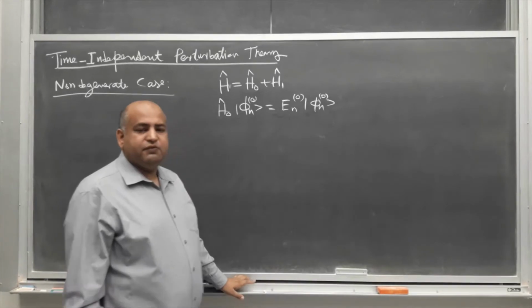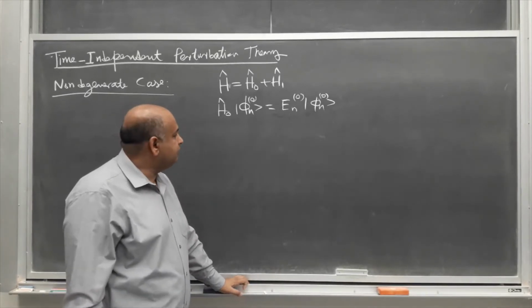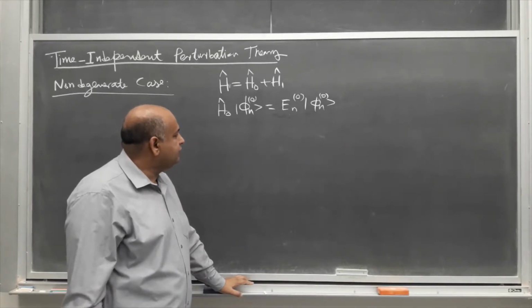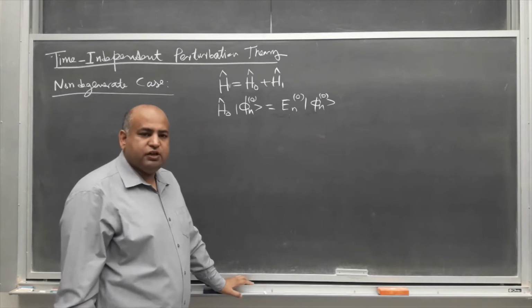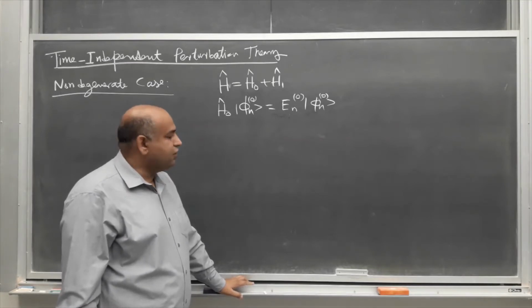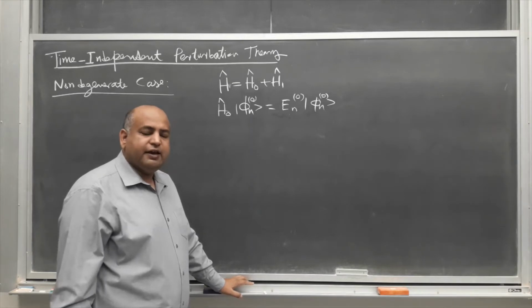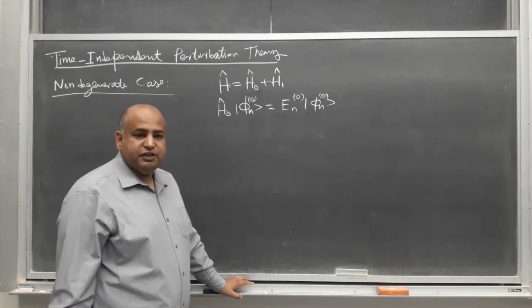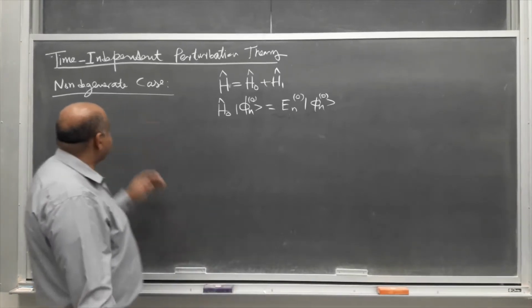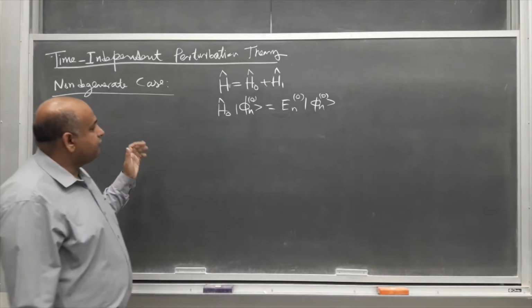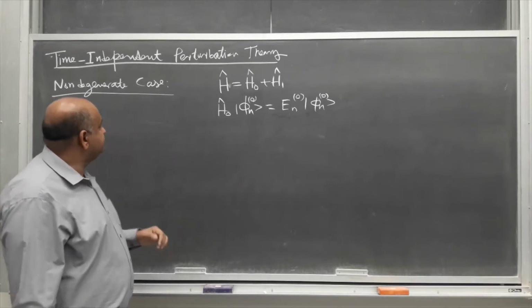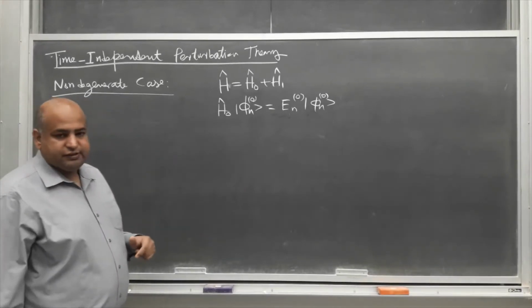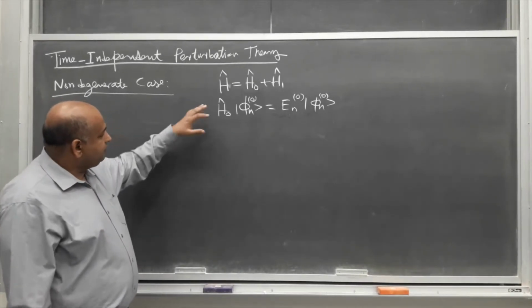For example, when we solved for the eigenfunctions and eigenenergies of the hydrogen atom, we saw that several states with the same value of n can have the same energy. So that's a degenerate case. We will begin with the simpler case, and then we will go on to discuss the degenerate case.